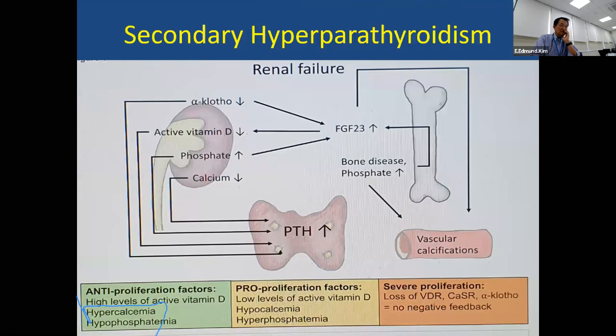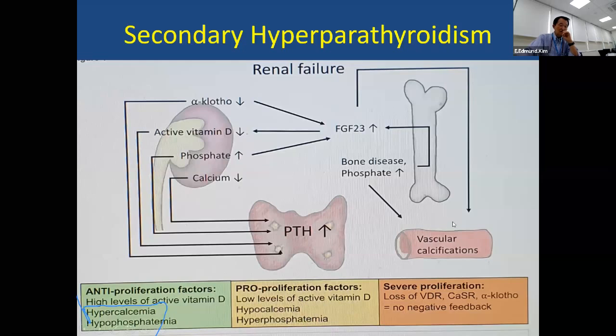So this is secondary hyperparathyroidism, which I mentioned when I discussed the parathyroid. If there's renal failure, vitamin D and calcium decrease, and that stimulates the parathyroid, which increases parathyroid hormone and makes stimulation of osteoclasts in the bone.